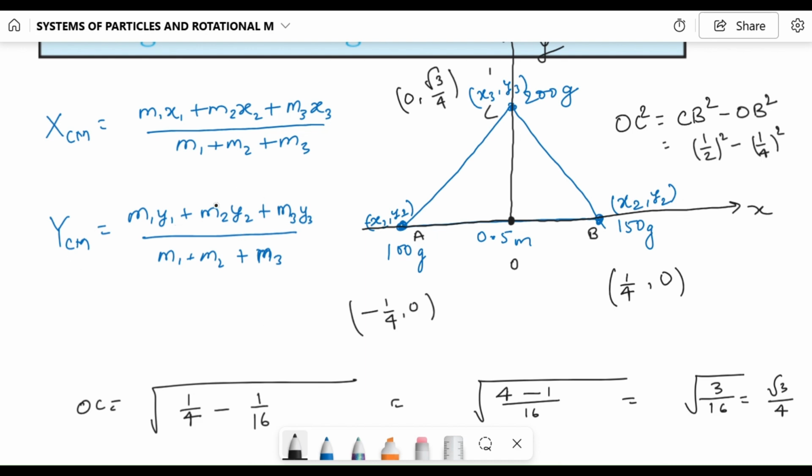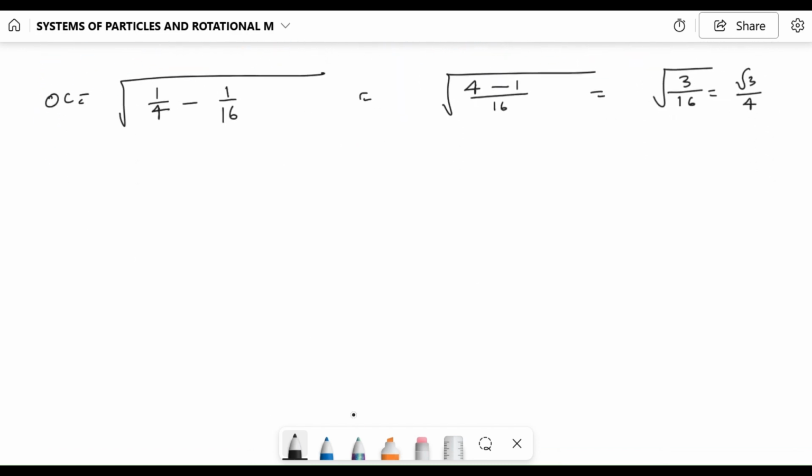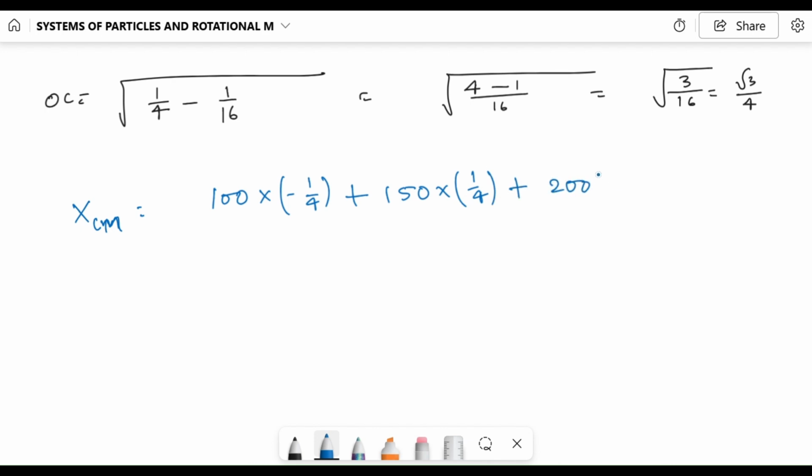So x of center of mass will be m1 x1. So m1 is 100 and x1 is minus 1 by 4, plus m2 x2, that is 150 into 1 by 4, plus m3, which is 200 into x3, which is 0.